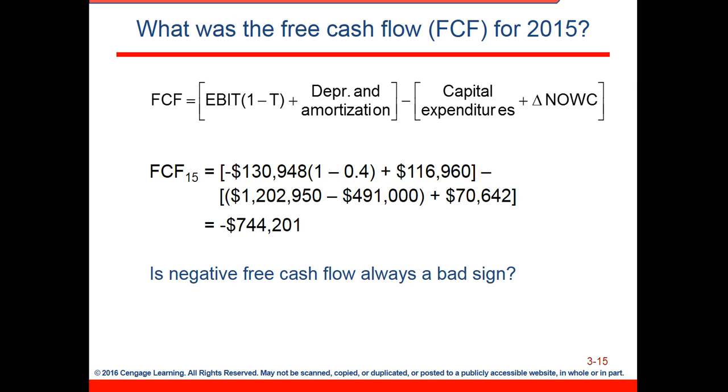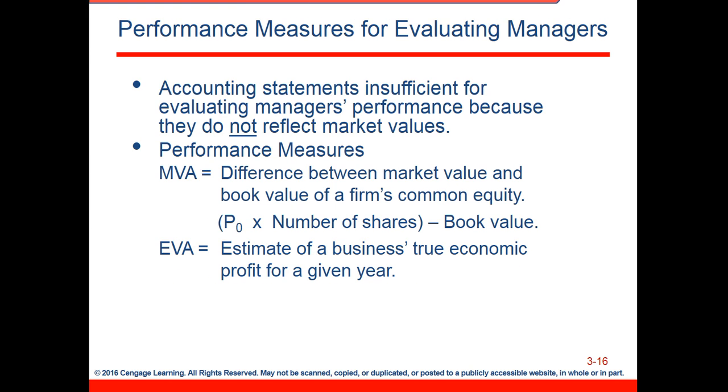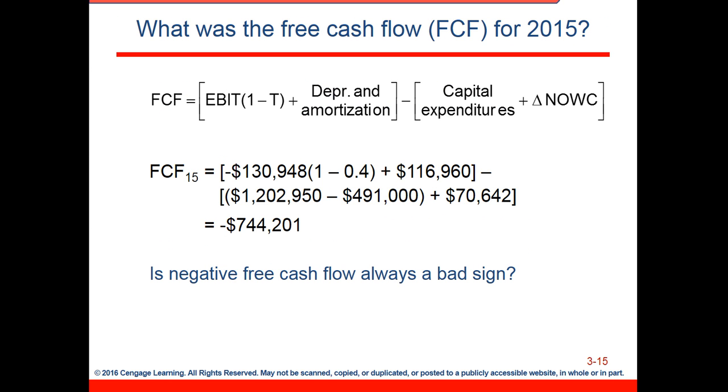Now, the net free cash flow turns out to be negative $744,201 for 2015. Negative cash flow is not always a bad sign, but in this particular case it is, because it is driven mainly by net income, and the negative effect of net income is reflected in free cash flow.